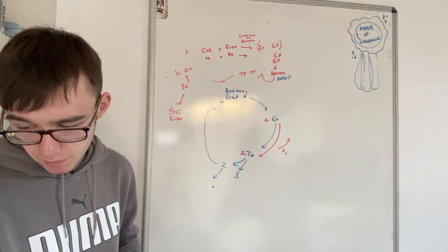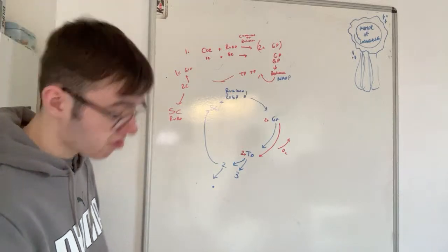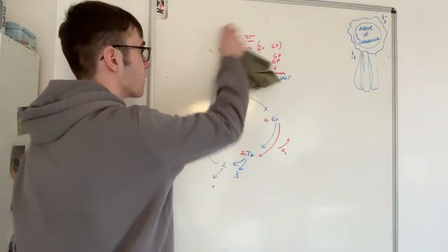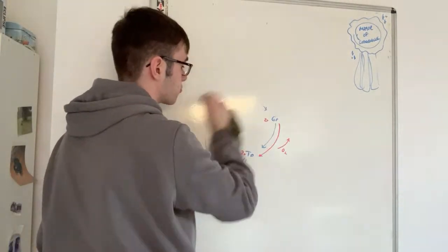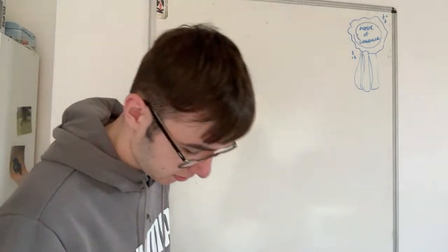Triose phosphate converted into glucose. Or RuBP. Okay, so let me try and just sum this all up. The Calvin cycle, the Melvin-Calvin cycle.